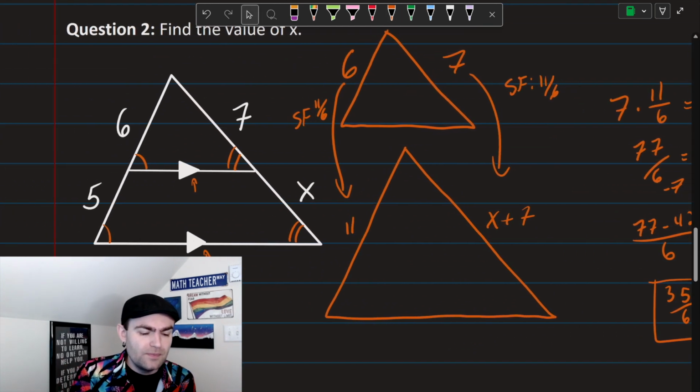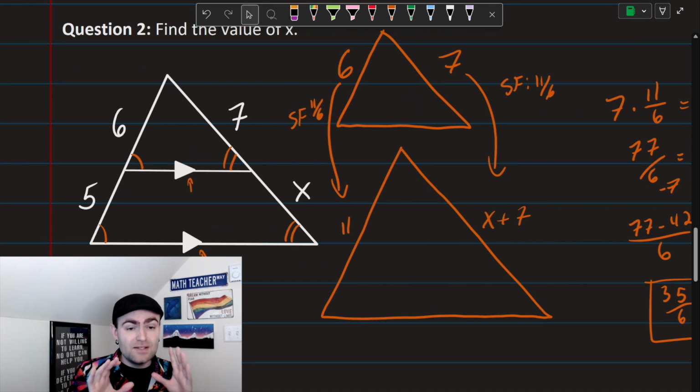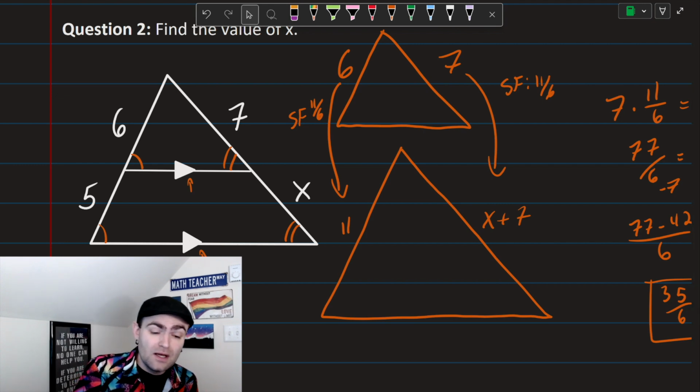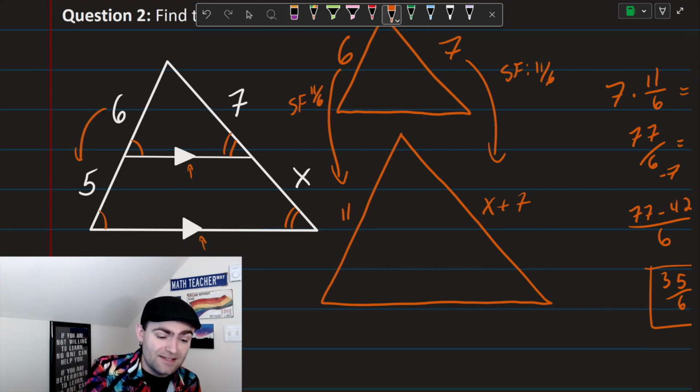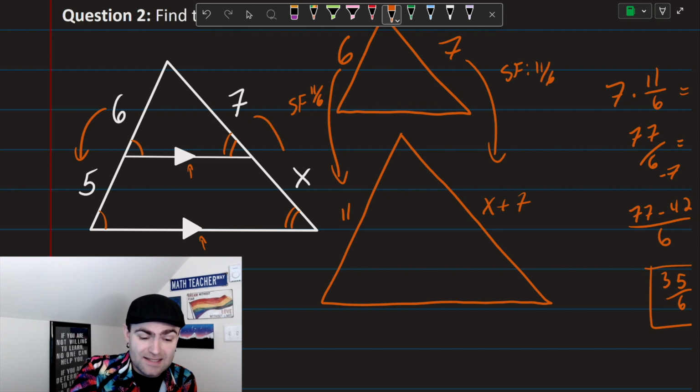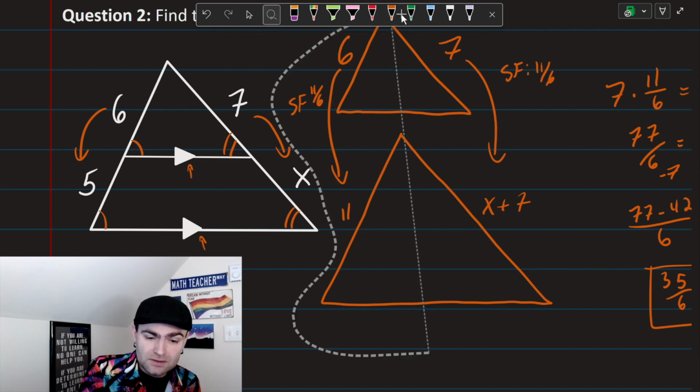Something else that we can do is, because these two triangles are indeed proportional, they're cut proportionally as well. So the scale factor that would take 6 to 5 is also going to take 7 to x. So let me make some room here.